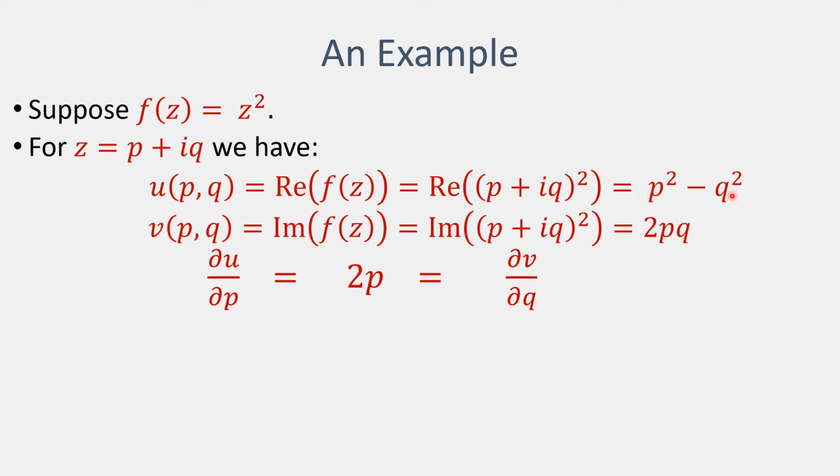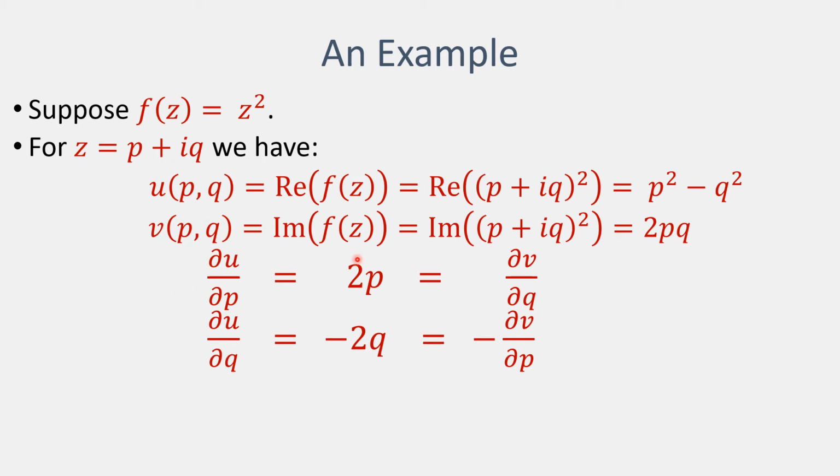The partial derivative of this function with respect to p is 2 multiplied by p, this term disappears, so we get the partial derivative in this case is that function. If we look at the partial derivative of this function, but this time with respect to q, we get 2 multiplied by p as well. So the first of our Cauchy-Riemann conditions is satisfied. The second of our Cauchy-Riemann conditions is also satisfied.